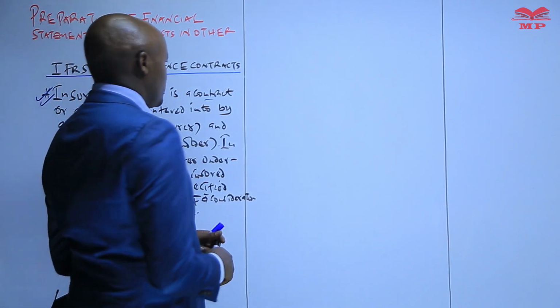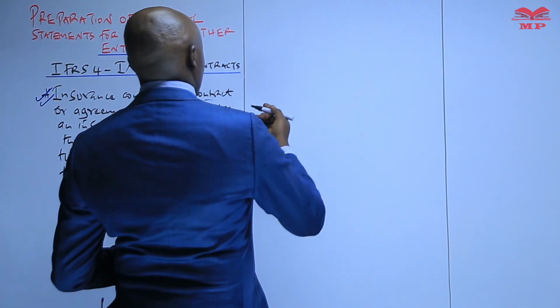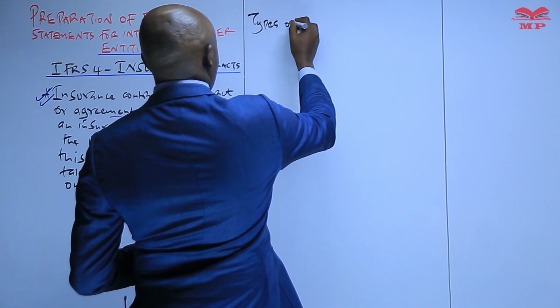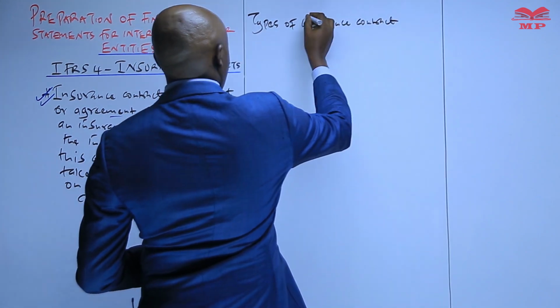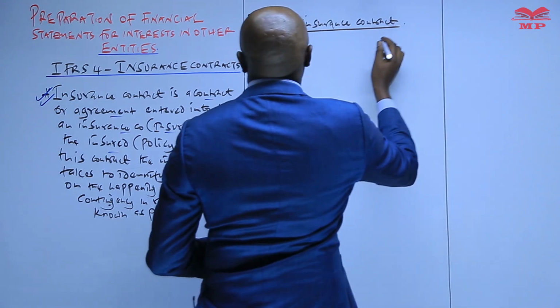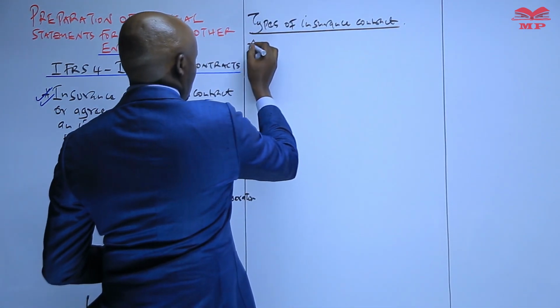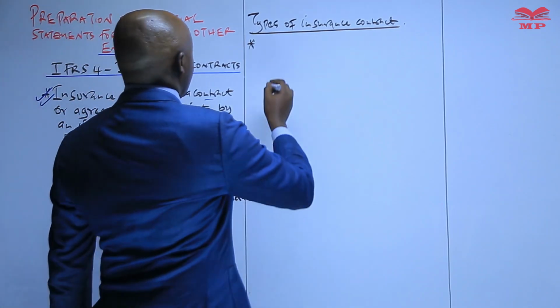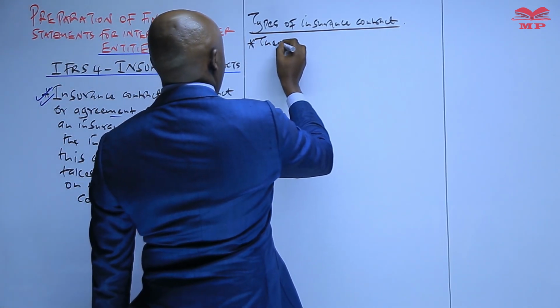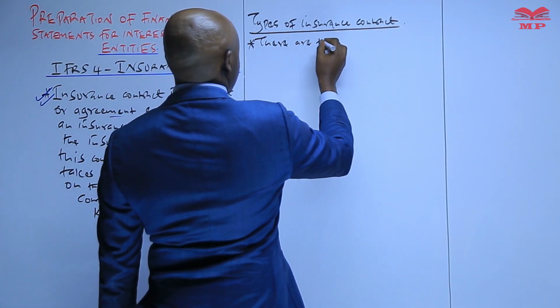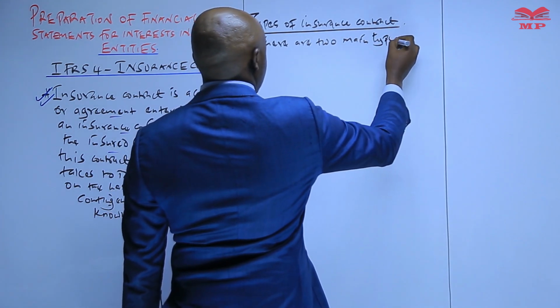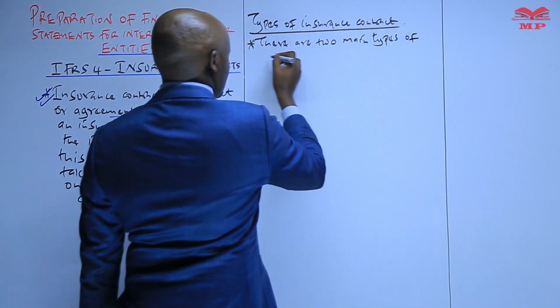Now in this case we have two types of insurance contracts. We can talk of types of insurance contracts. Generally the insurance contracts are classified into two main categories. So we can say there are two main types of insurance contracts.